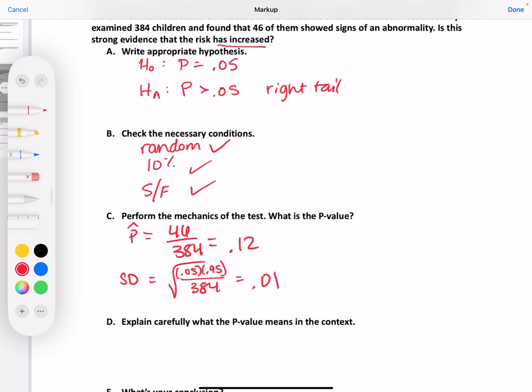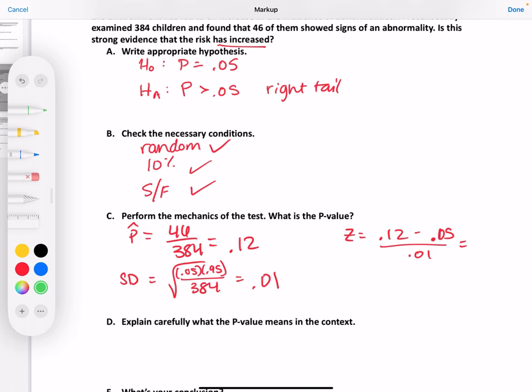So we can find the z value and then figure it out. I'll show how to find the z value and then we'll use the one prop z test on the calculator. But it'd be 0.12 minus 0.05 divided by 0.01. And then we get that number.